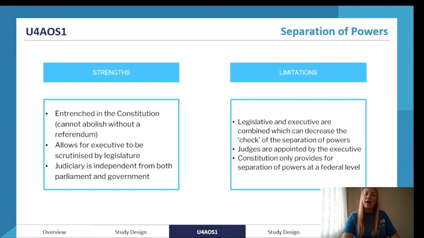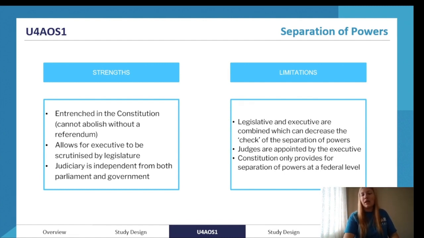Judges are also protected because they have a very late retirement age and they cannot be removed from the high court unless there's some evidence of corruption and unlawful behavior, which is very difficult to then prove. So they are protected once they are appointed.